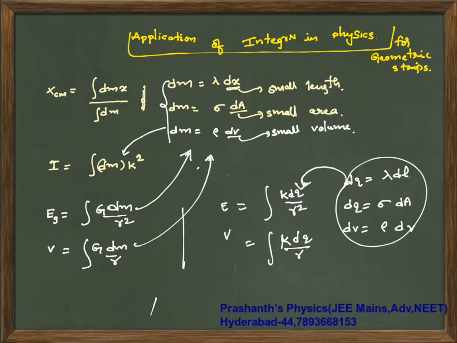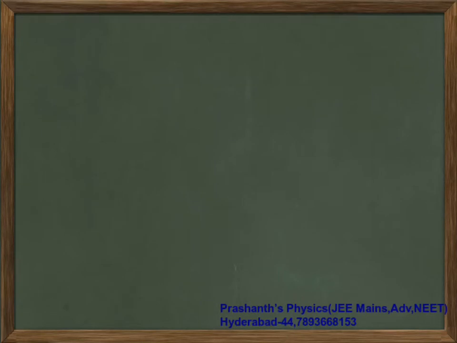Now in today's class we will not calculate center of mass or moment of inertia or anything. What we just do is, we just simply explain basic fundamental things. In that, your first case is case 1, that is prove circumference of circle is 2 pi r.